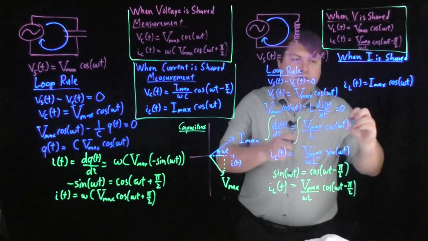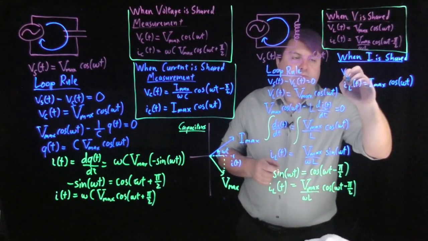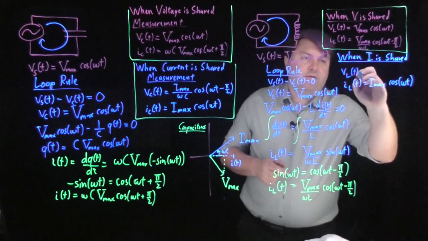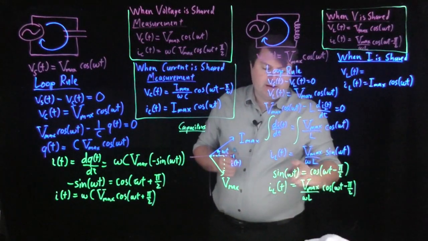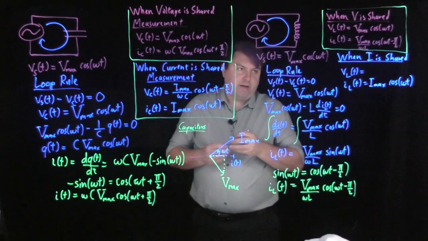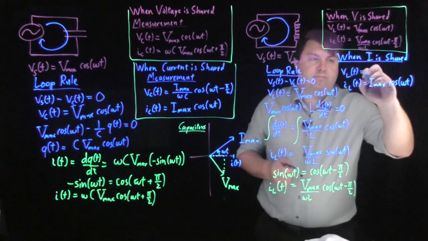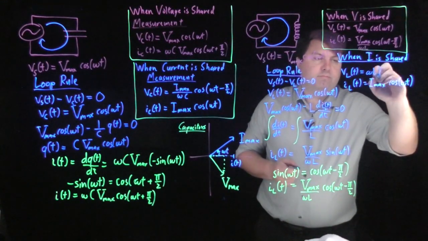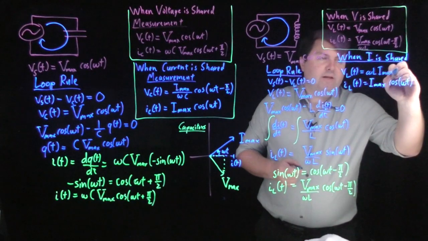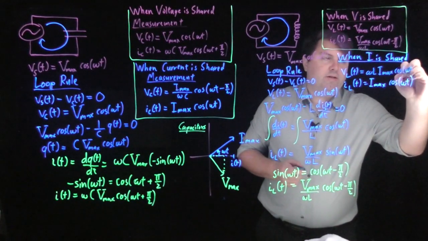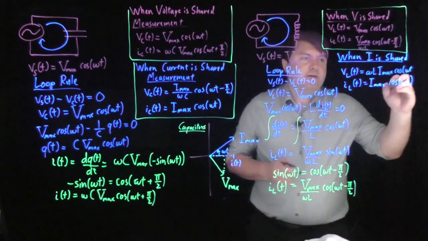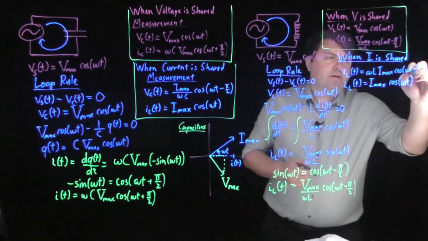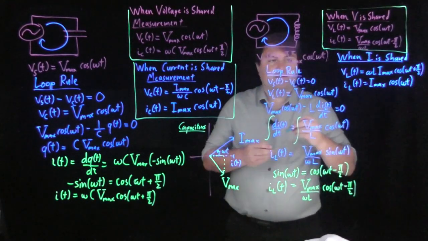So then our voltage over the inductor as a function of time: to get from V max to I max, we have to multiply by omega L. And then we have cosine of omega t. This was minus, so now this is going to be 90 degrees ahead, plus pi over 2.